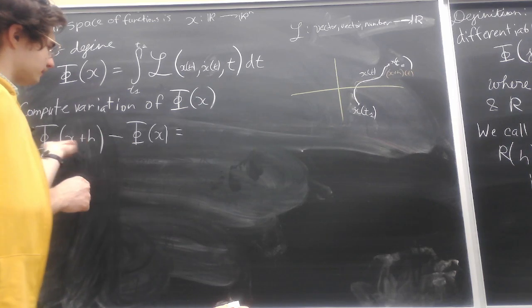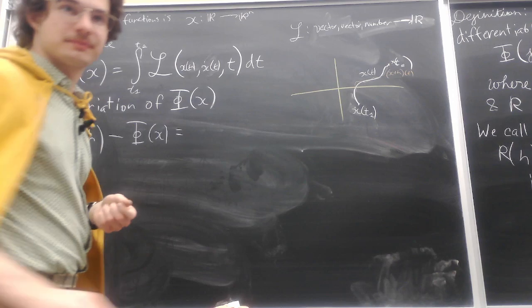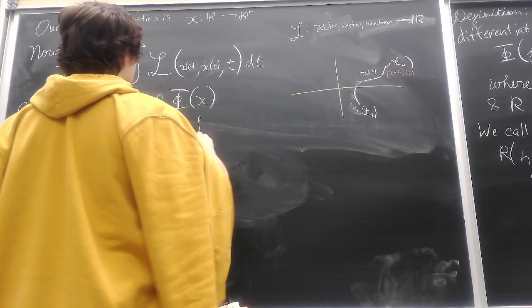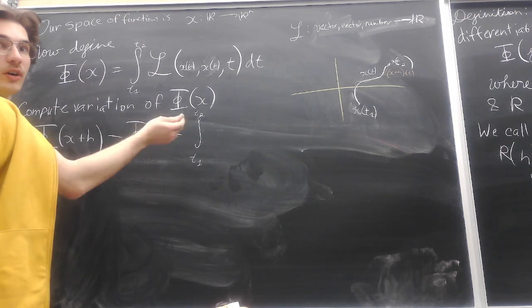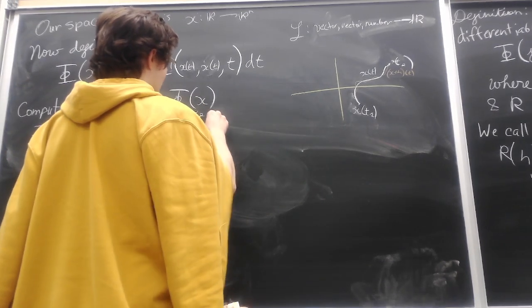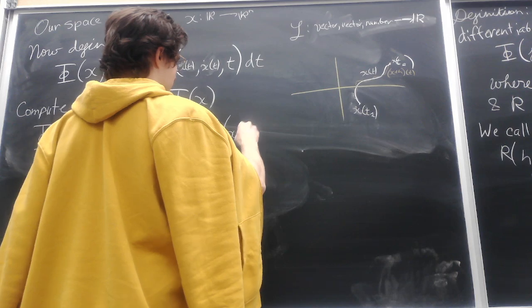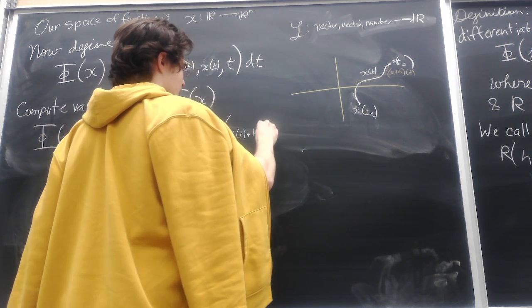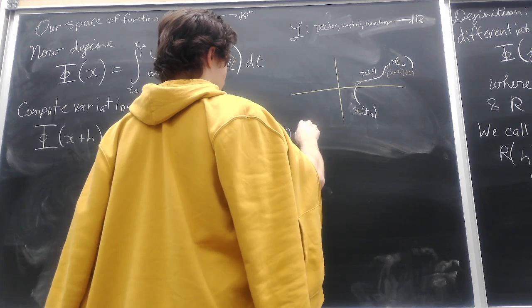Let's just explicitly compute this. So this is the integral from t1 to t2. Let's plug this in: L of x of t plus h of t, x dot of t plus h dot of t.